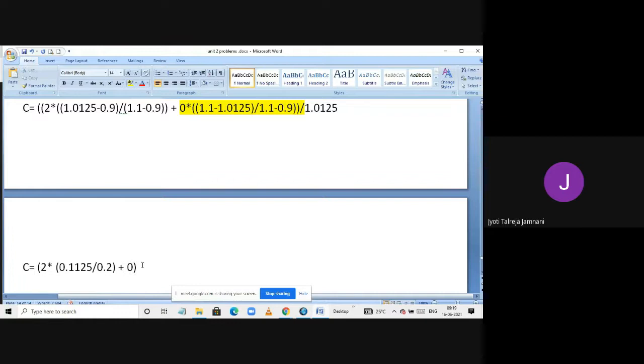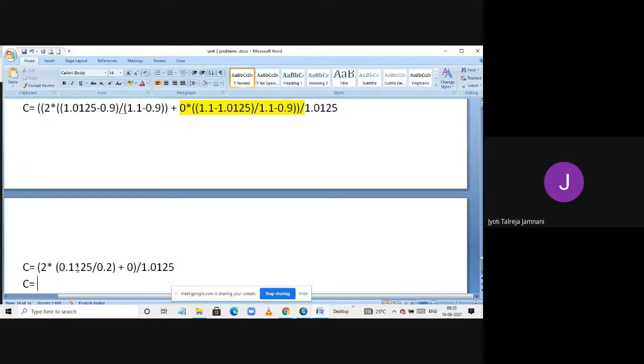This entire thing, we need to divide it by I, which is 1.0125. So now if I solve for C, C is equal to, let's see, 0.1125 divided by 0.2.